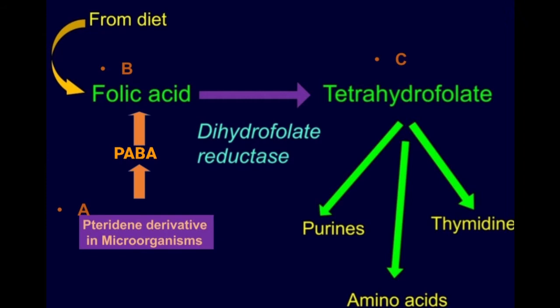Now, in microorganisms and bacteria, other eukaryotes, they can start with A. They can make their own folate. Okay, that's the difference between us and them. We cannot make this structure. They can. It's a multi-step process.